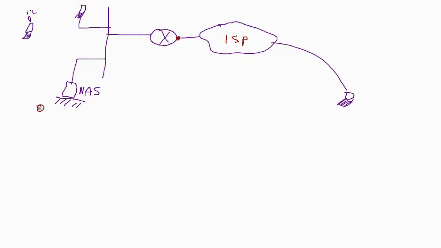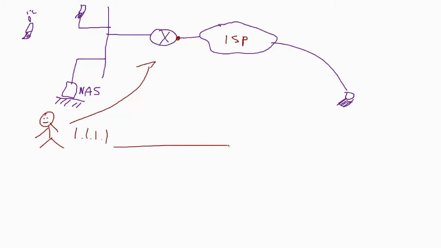So imagine you are here. Let's make it bigger so I can have a nice face. You're happy, and you take a note of your public IP address. Let's say it's 1.1.1.1. You're here now, still very happy.